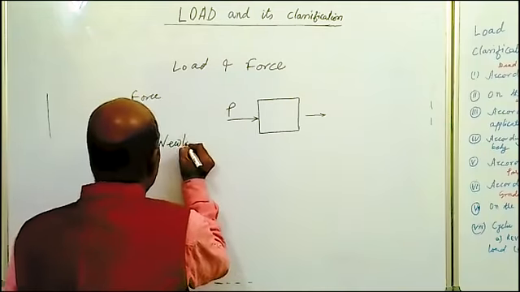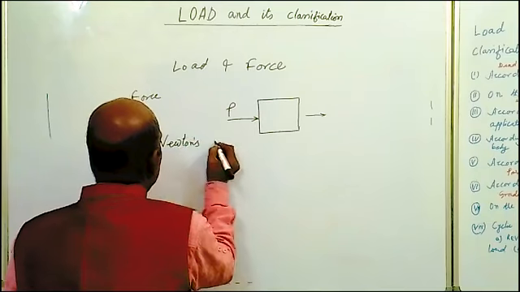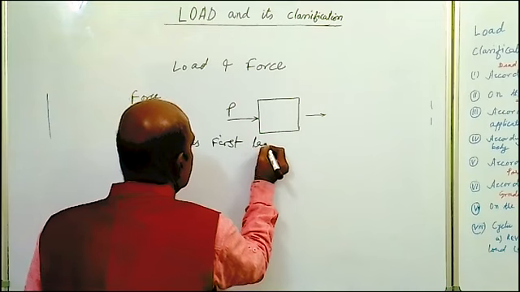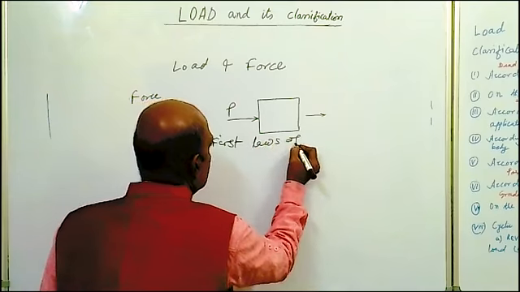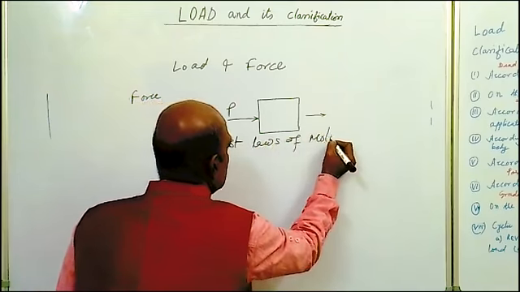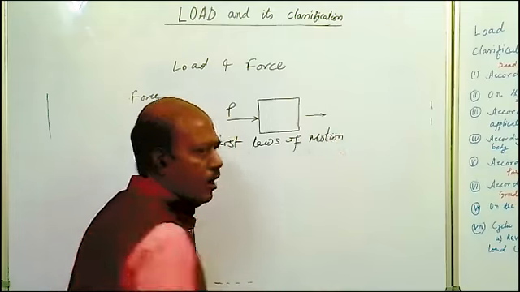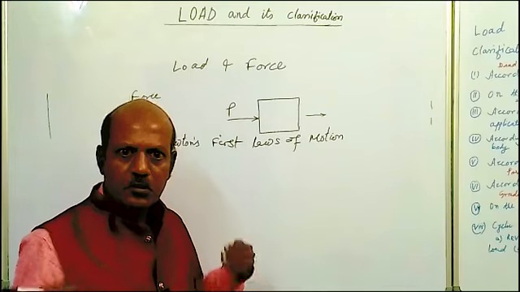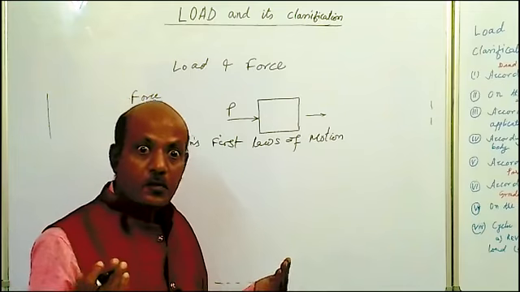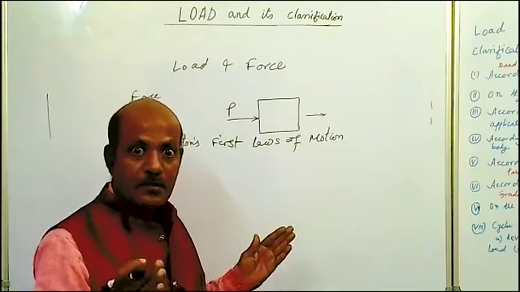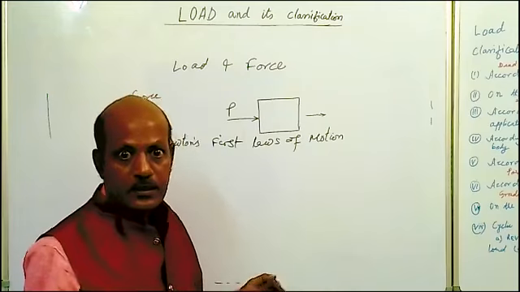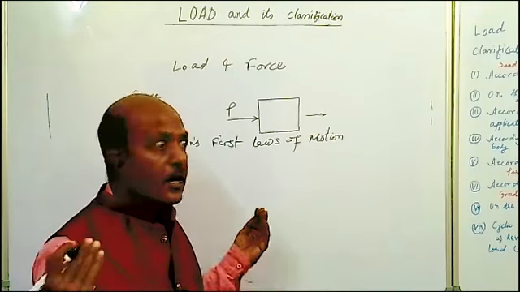Newton's first law of motion. The statement is: everybody continues to be in uniform motion in the same straight line, or at rest, unless it is compelled by some external force.